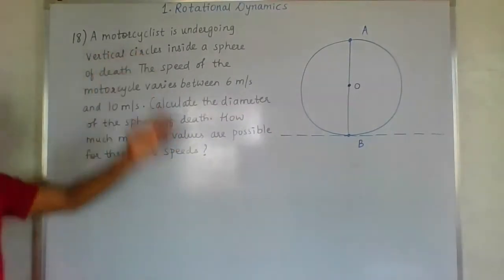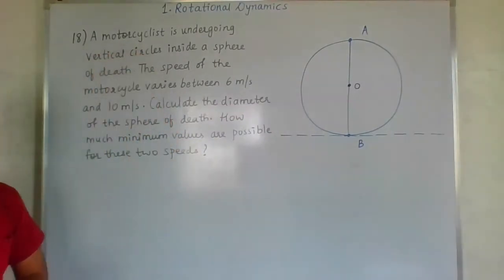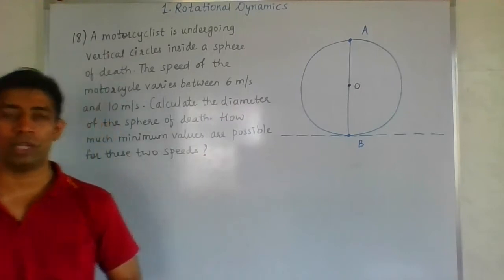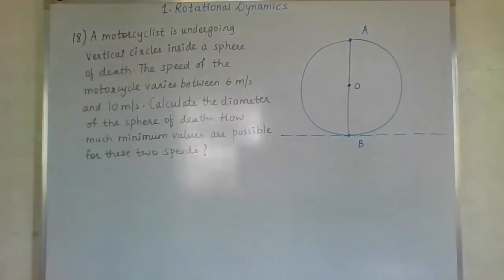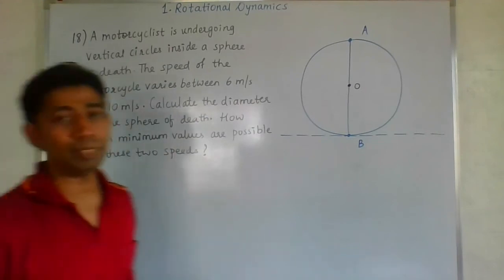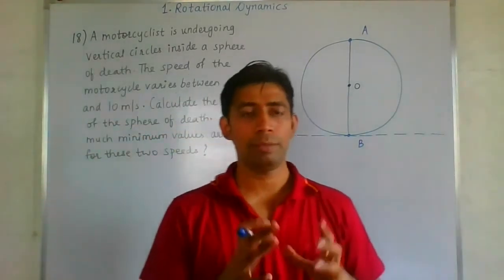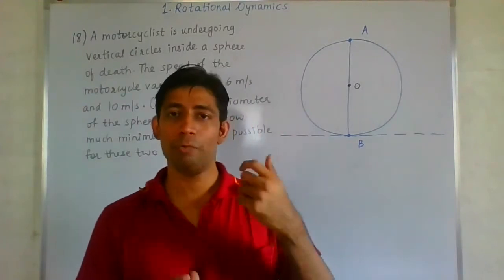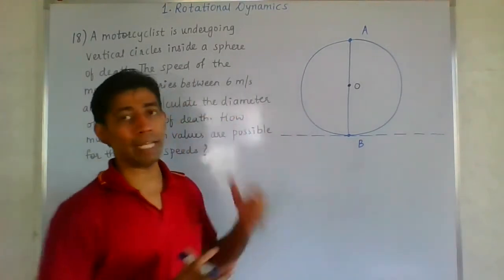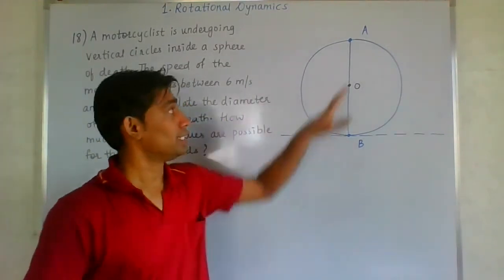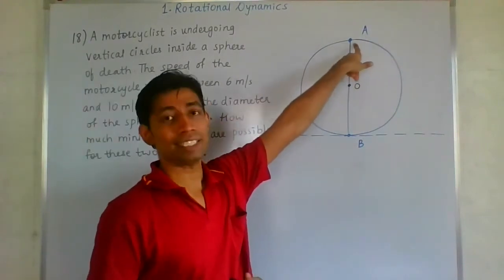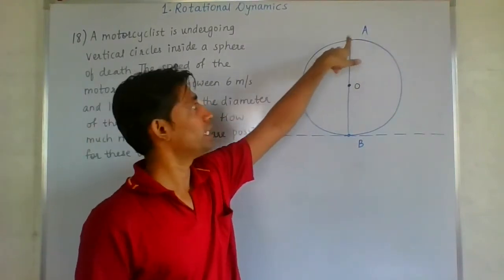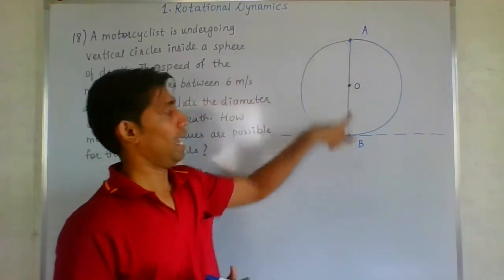A motorcyclist is undergoing vertical circles. तो ये vertical circular motion का question है. The speed of motorcycle varies between 6 meter per second and 10 meter per second. अब इसका मीनिंग समझो. 6 meter obviously minimum value है and 10 meter maximum value. बट ये 6 मीटर कहां पर होगा? ऑब्वियसली 6 मीटर सेकंड टॉप पे होगा, बिकॉज़ इधर ही स्पीड कम हो जाता है एंड इधर ज्यादा रहता है.